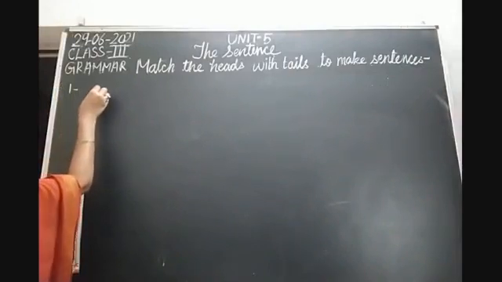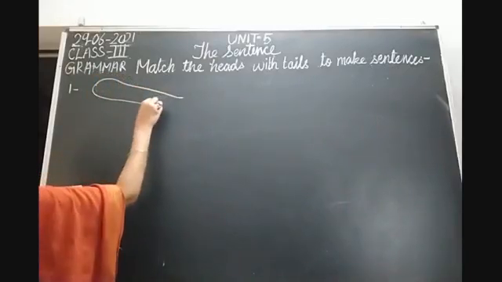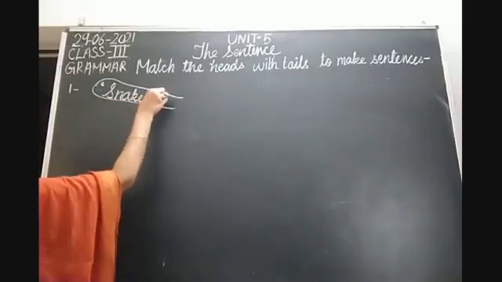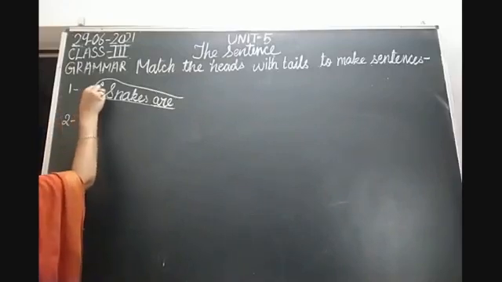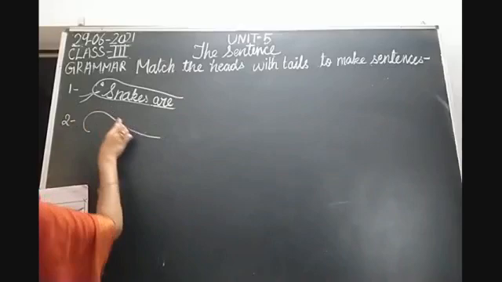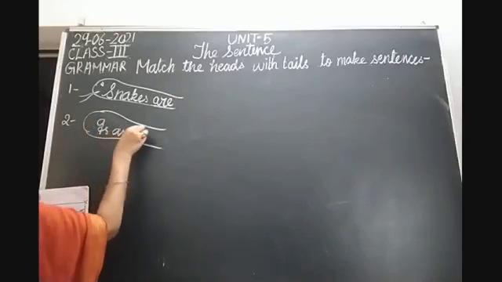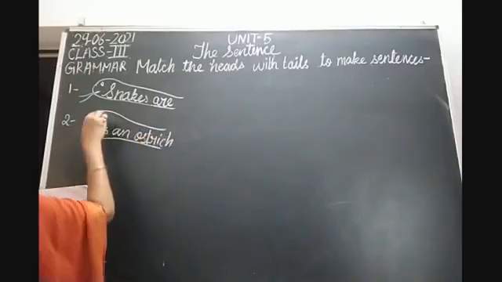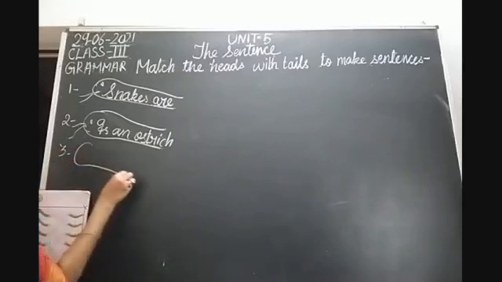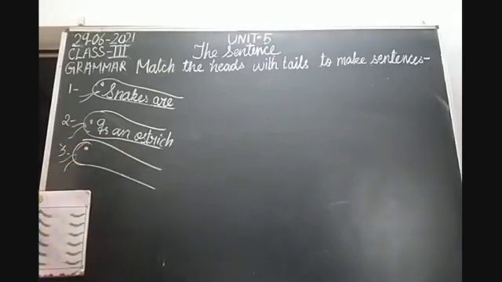First one, snakes are. Fine. Then the second one, is an ostrich. Third, Jaipur is the.